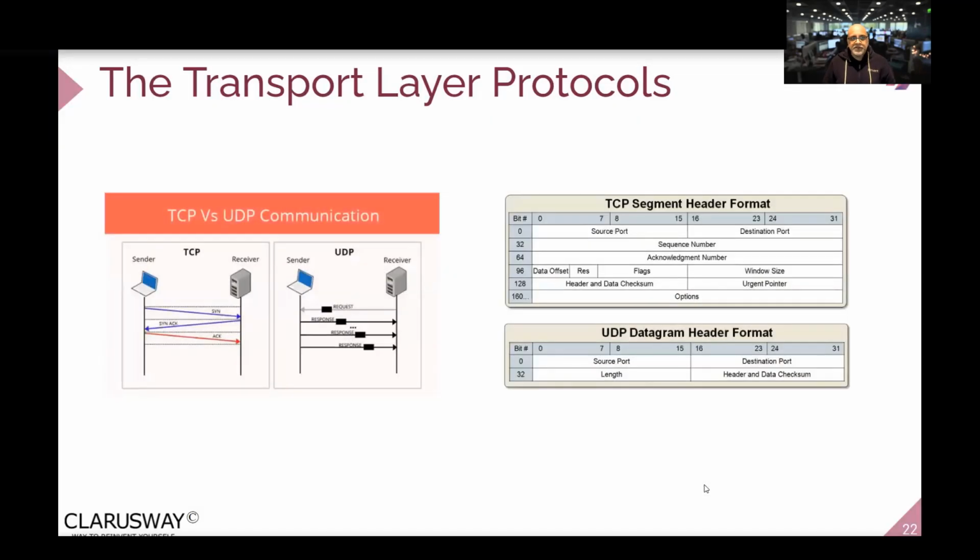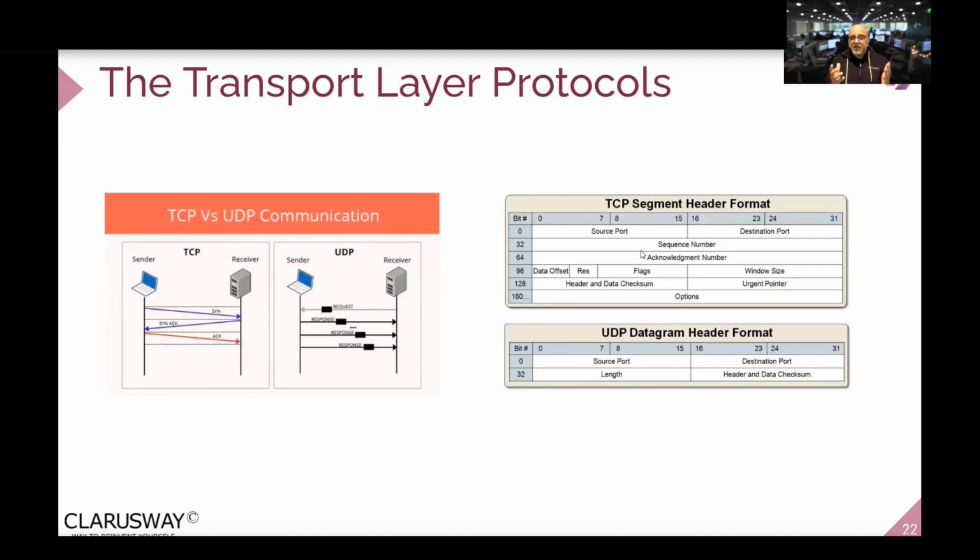Right, so here's a kind of a summary of that, where TCP is going to establish the connection, whereas UDP doesn't establish a connection. It's fire and forget. And the TCP segment header is much bigger than the header for UDP, so it's going to take a lot more time for TCP. But you can imagine if I was using a browser, I don't want to lose segments.